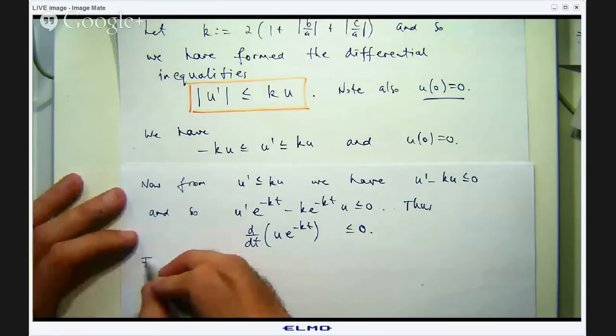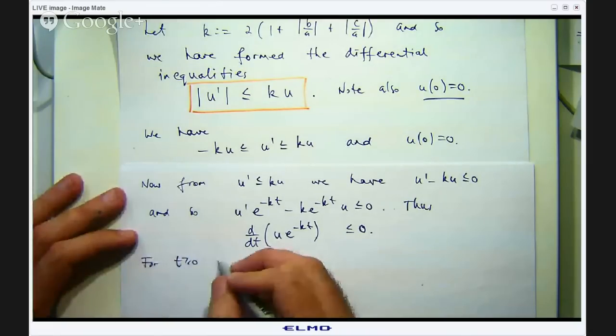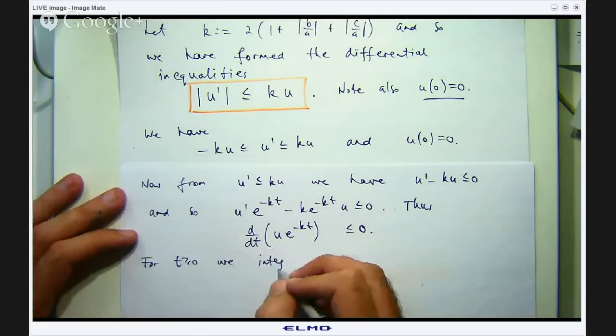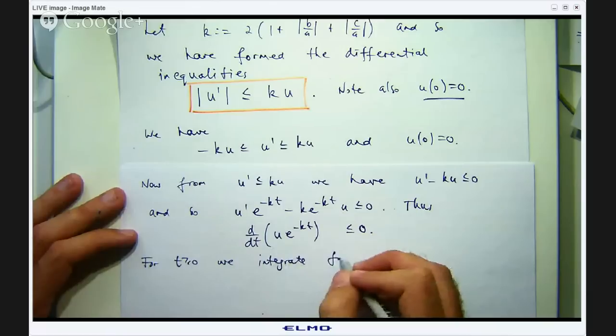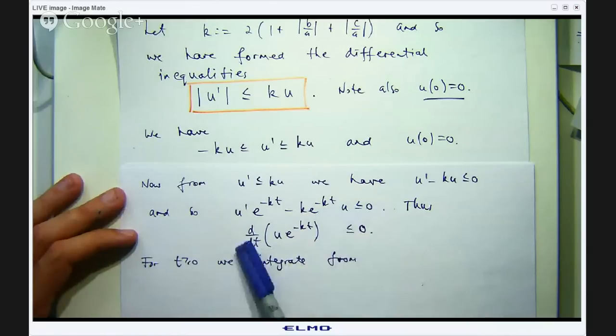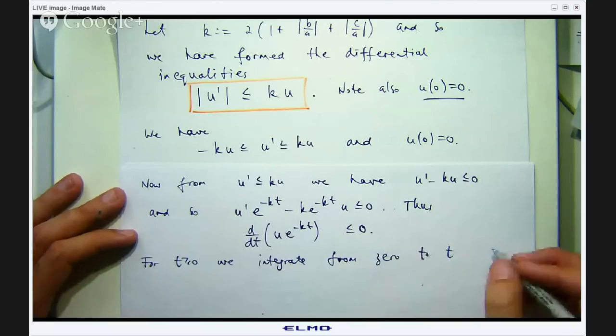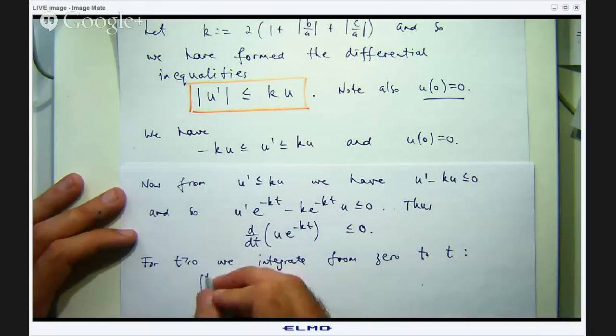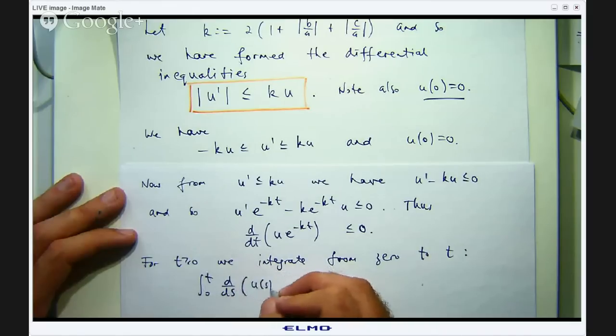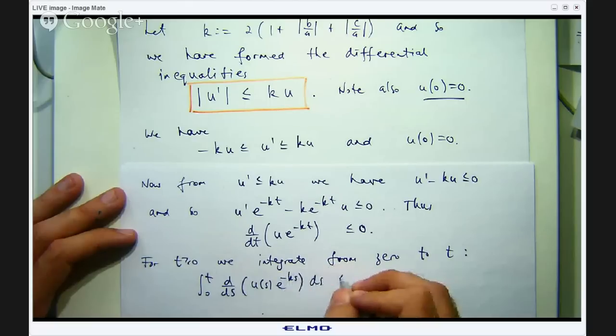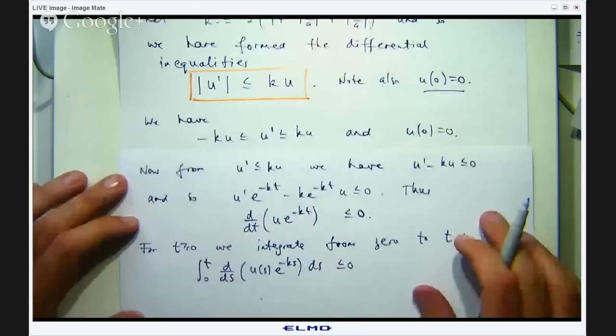So for t greater than or equal to 0, we integrate both sides of this from 0 to t to form the following. Let's just change to the dummy variable s now. If I integrate this, the left-hand side is still less than or equal to 0.